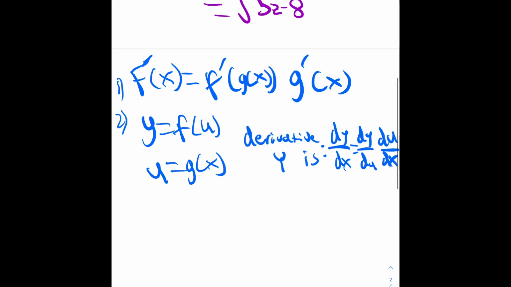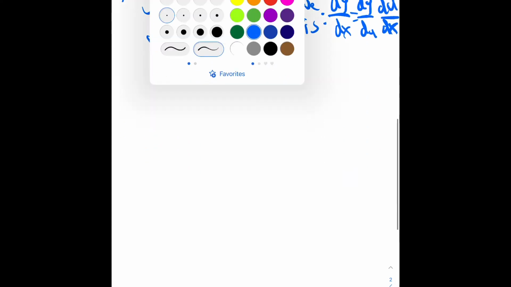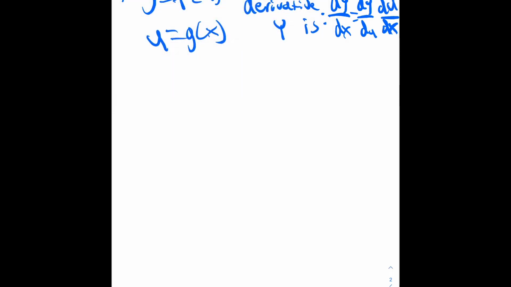Again, I think it's easiest to look at examples of these. A couple ways you can go about doing it: you can break it apart as you go, or you can find individual derivatives right away.